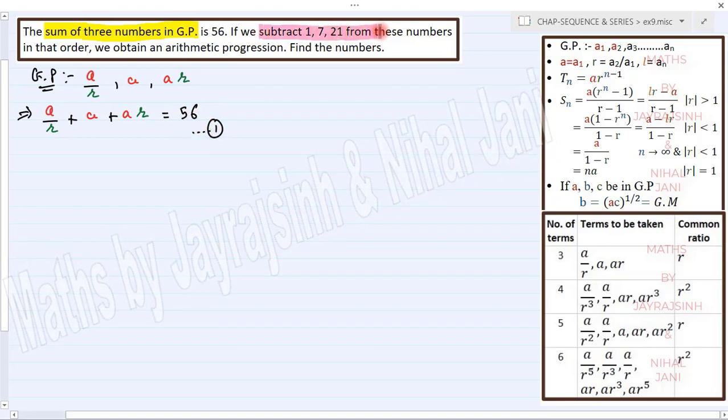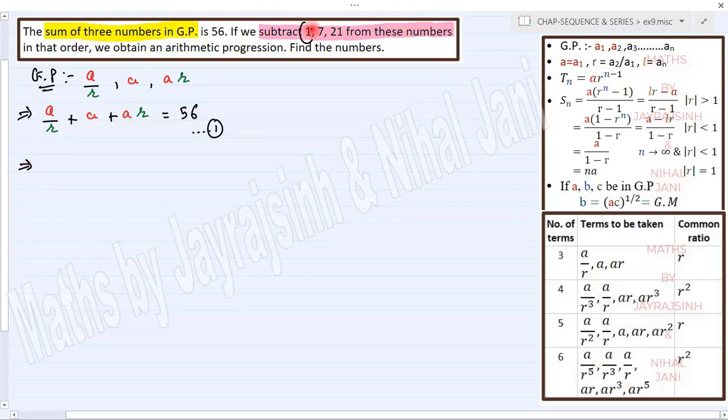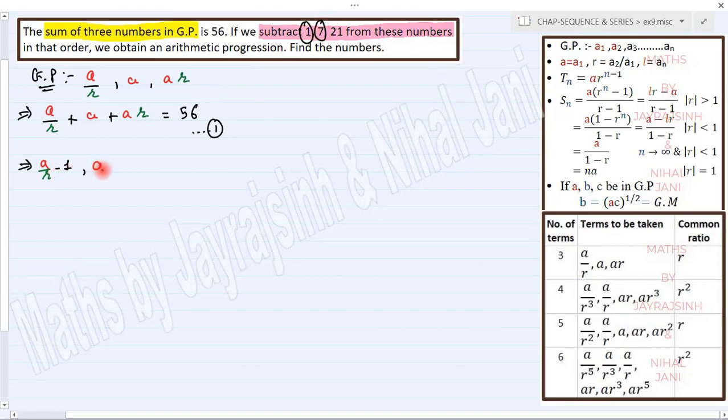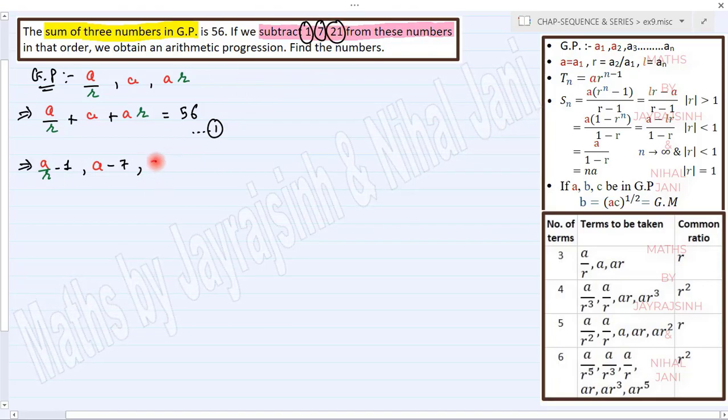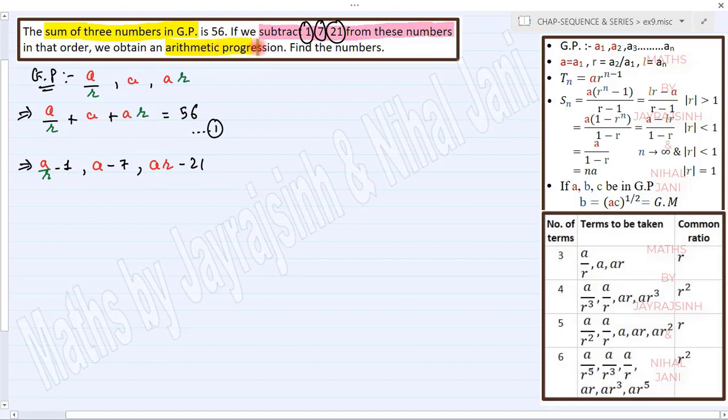Now according to the second condition, we have to subtract 1 from the first term, then 7 from the second term and 21 from the third term. Then they will be in AP.